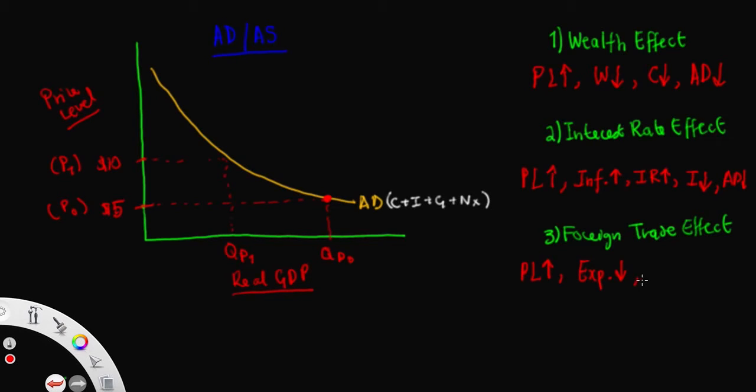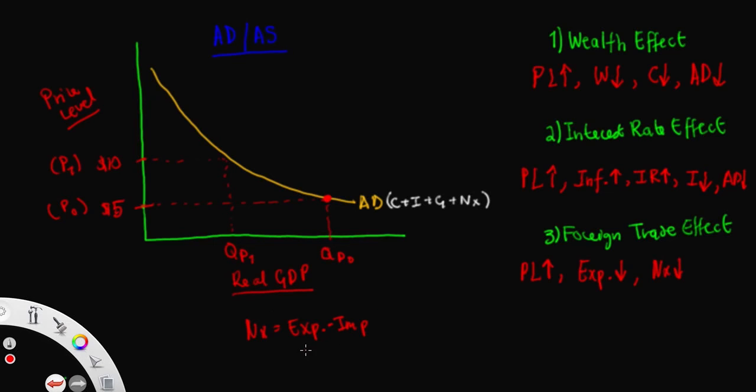Okay? And I know that's kind of confusing, but if our price level goes up, then other nations won't want to buy from us as much because our price level has gone up. And if our price level goes up and other nations don't want to buy from us, we domestically can't export that many goods because people don't want to buy them. So our exports go down, and if our exports go down, our net exports have to go down because we know that net exports is equal to exports minus imports.